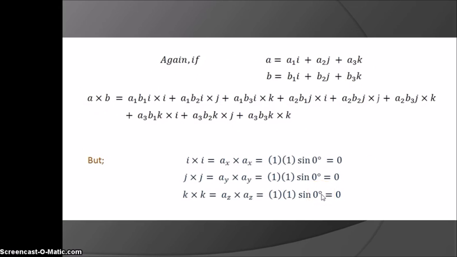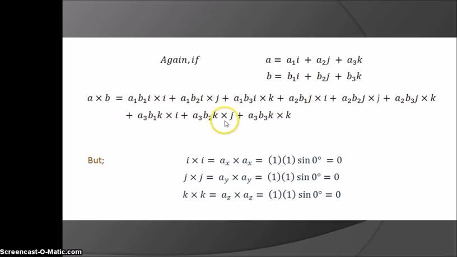Again, if we have two vectors a and b given by this and this, a cross b would be the whole of this. Remember how we opened the bracket, so assuming there are brackets around here and here, and you just expand the brackets, you get this. Exactly what we had the other time. The difference is the cross multiplication here. In the other case, we had dot, dot, dot, dot.